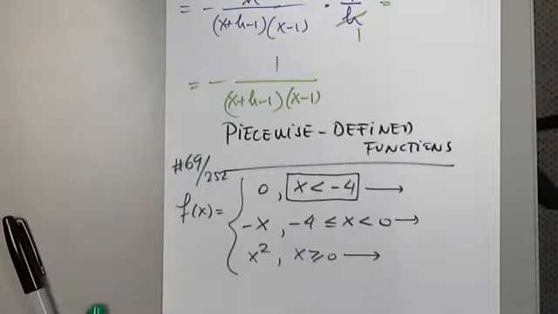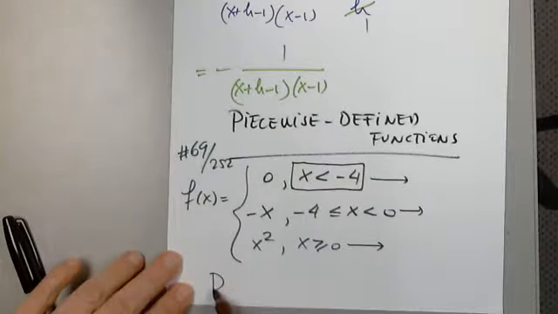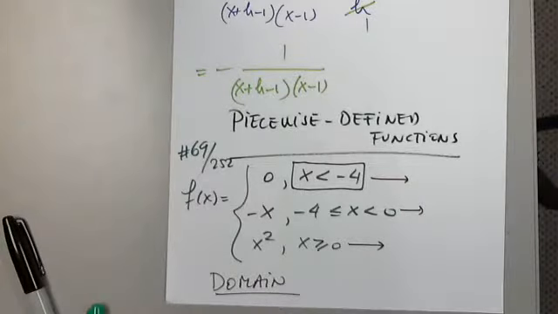The domain. No matter what function, every time we graph the function, the first thought must be domain. I don't know where this function exists, for which x values, till I find its domain first. And then I will start the table.